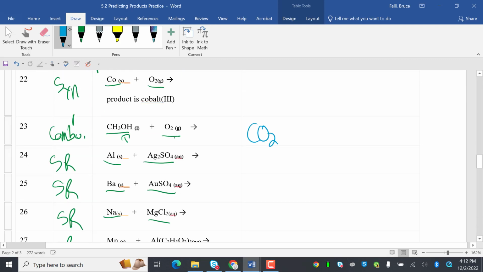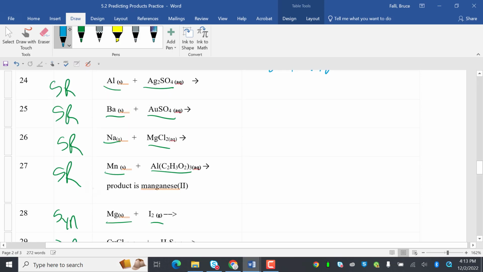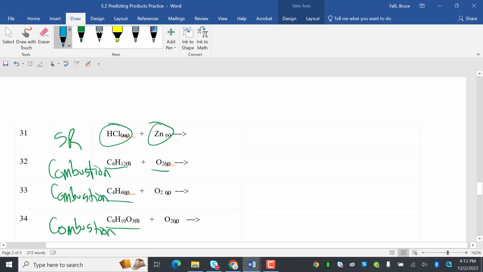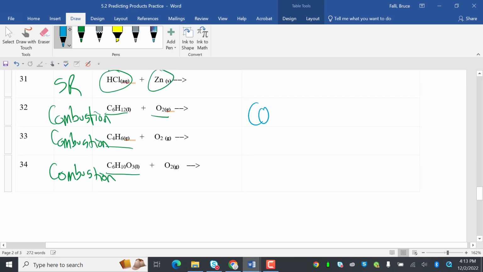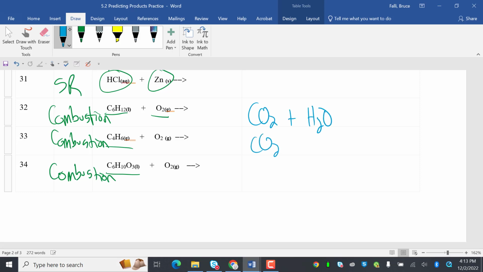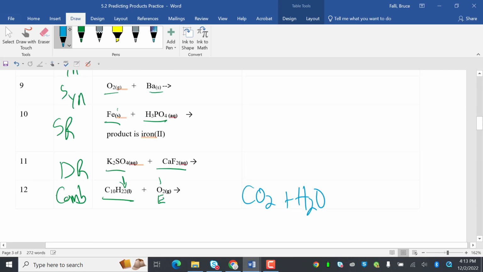So products of combustion besides Disco Inferno is CO2 and H2O. I remember my last few were, there we go. CO2 plus H2O. So I think what I'm going to do is I'm going to hunt a type of reaction. That's the best part about combustion: you automatically know what the product's going to be. Let's look back up.